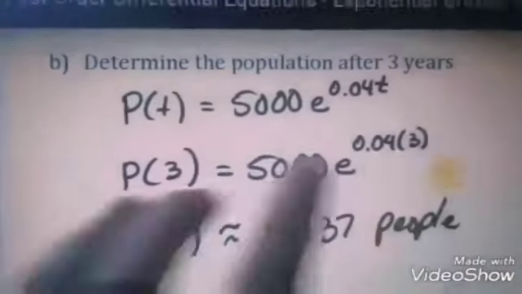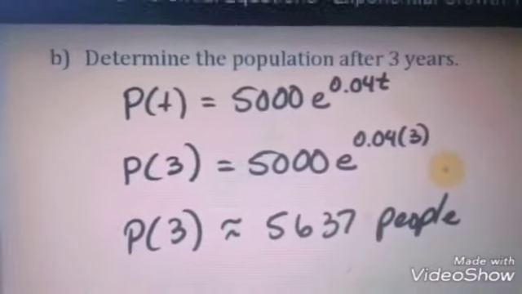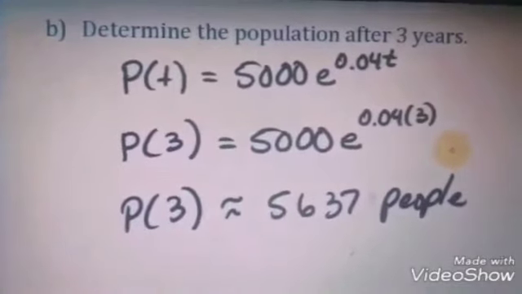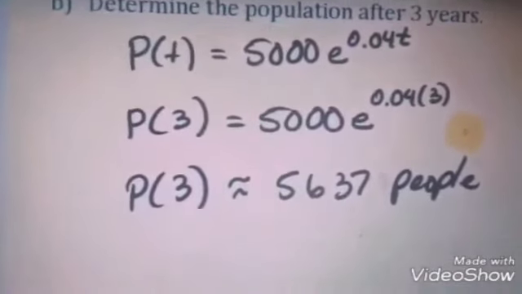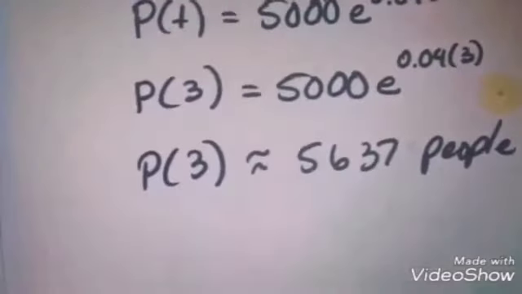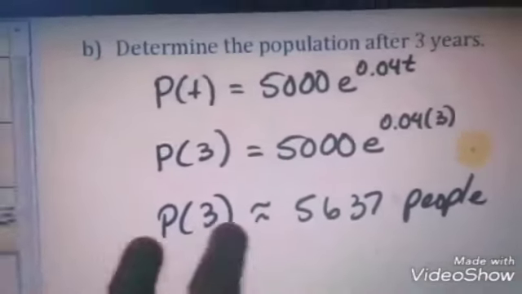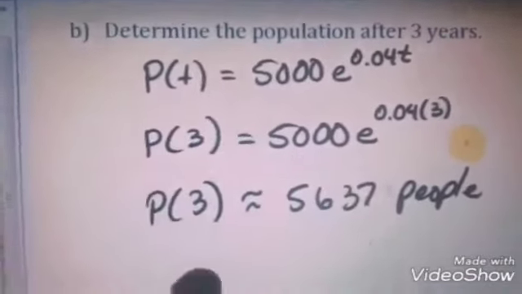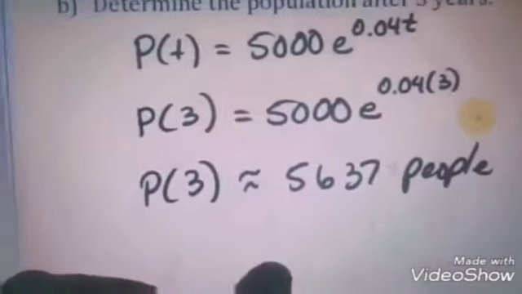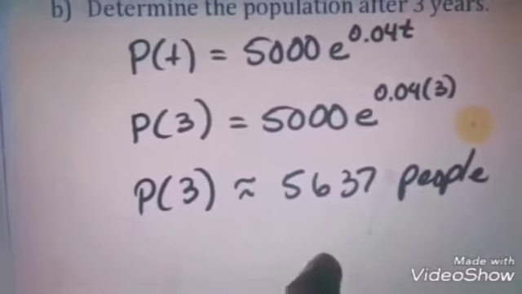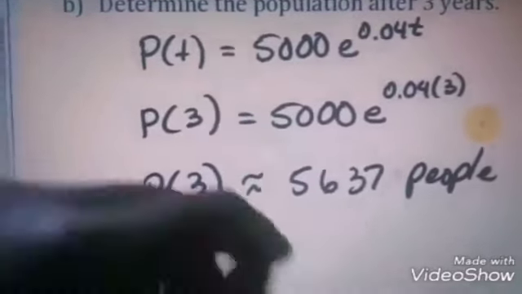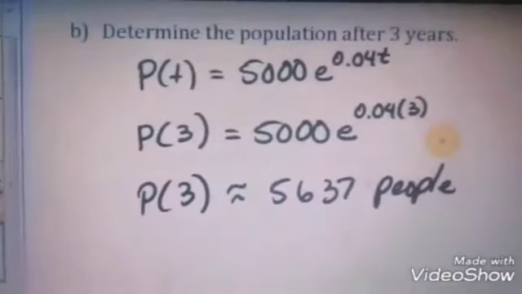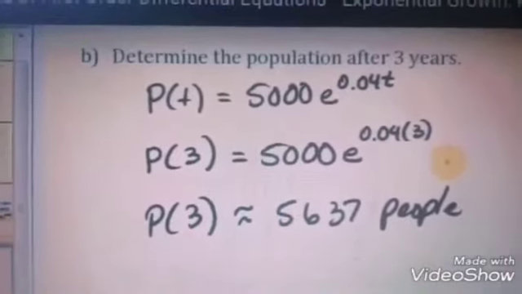So the population after 3 years, we replace t with 3, and this is the answer. We just need to use a calculator to solve this. This is the last answer for B. Okay, that's all.